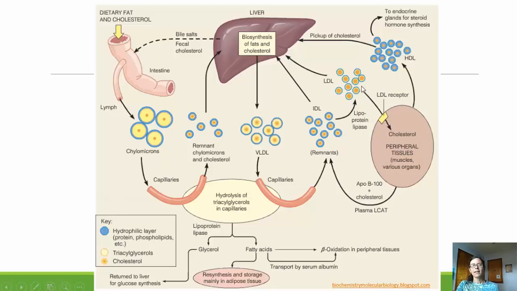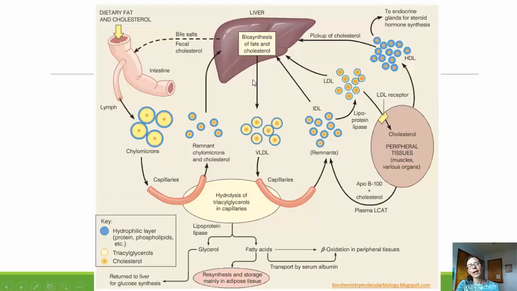Okay, the LDL can then go back to the liver via an LDL receptor and endocytosis, or it can go onto an LDL receptor on our peripheral tissues and deliver the cholesterol to these peripheral tissues. So we know that LDL is the main transporter of cholesterol to our peripheral tissues.